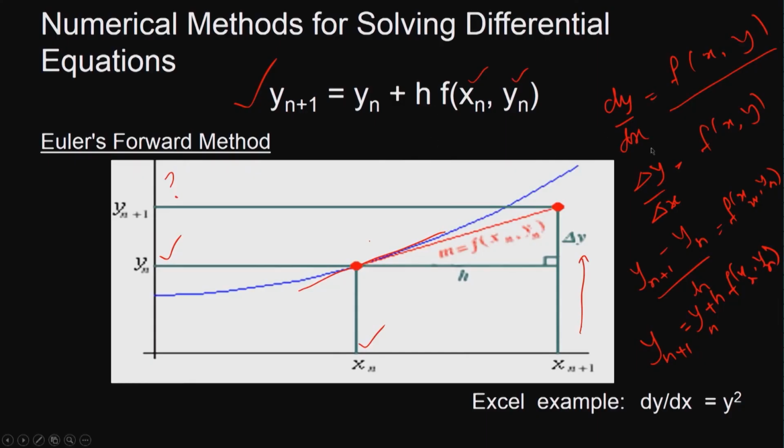Here again, when we do numerical integration, if h is large, with Euler's method you can have so much error coming into the picture, but there are other methods which can address this type of problem in a better way.